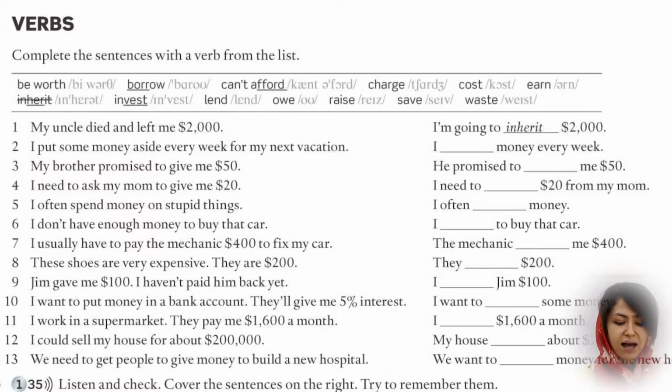My uncle died and left me $2,000. Okay, so let's go to the sentence across from it. I'm going to inherit $2,000. So pay attention. Inherit is the best word to be used here. Now, number 2.